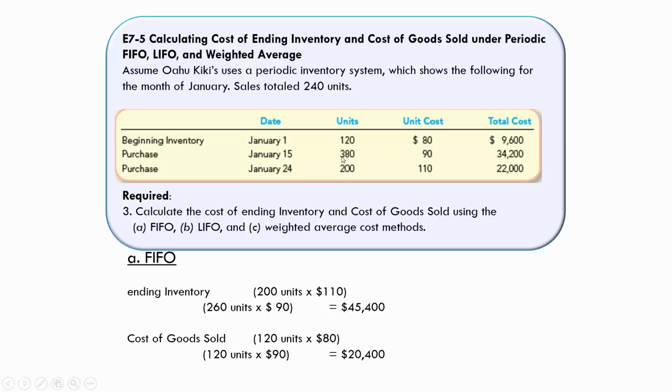And if it's 120 taking out of this batch to become cost of goods sold, then we need to have 260 at 90 remaining in ending inventory, and 200 at 110, which is going to be the other part of ending inventory. And you carry it across, you add the numbers together, and hopefully we'll come back to our goods available in terms of units and in terms of dollars.